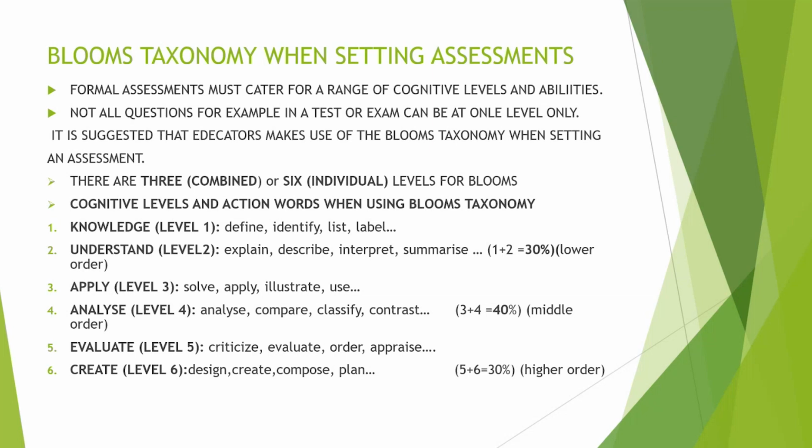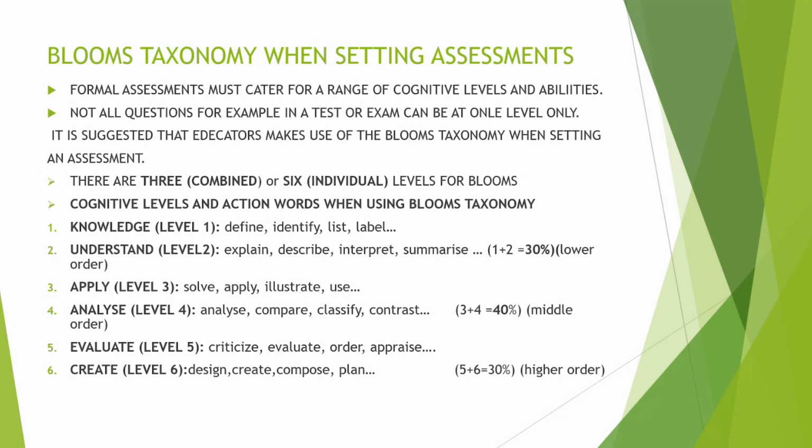Now you can see on the slide, the first level is knowledge, the second level is understanding. Those are lower order cognitive levels. And the keywords that you use there for knowledge are define, identify, list, label.